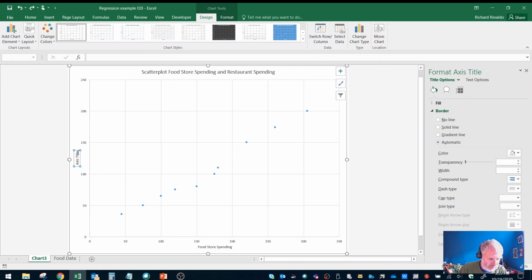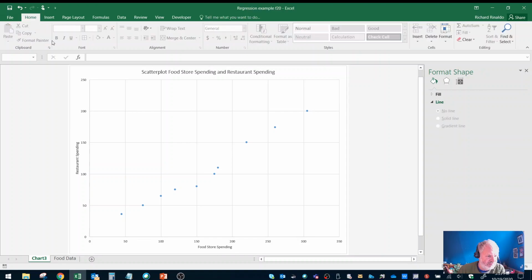Okay, if I want to put my best fitting line on, I can go to add chart element, trend line.